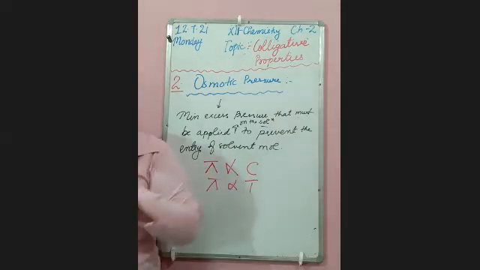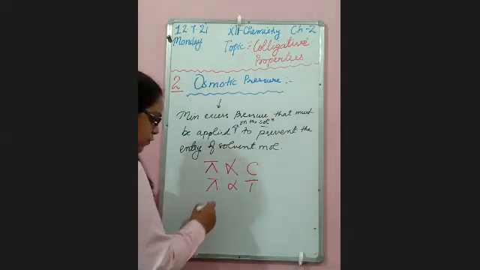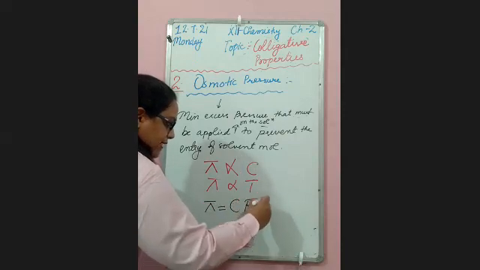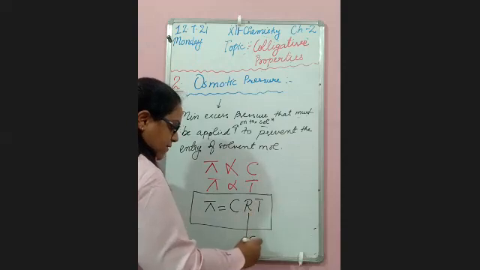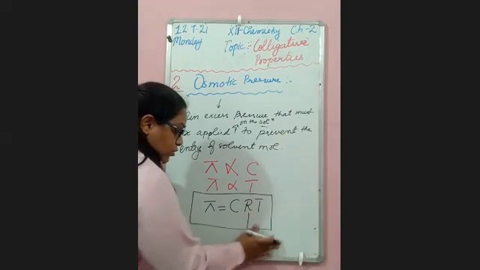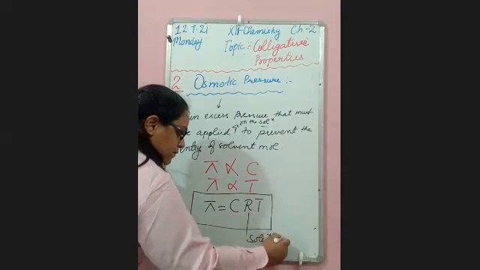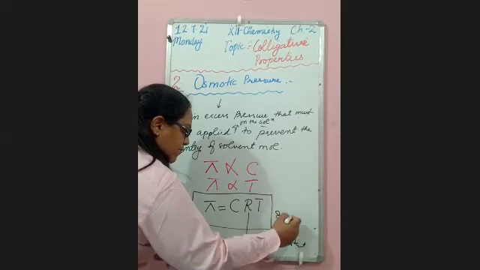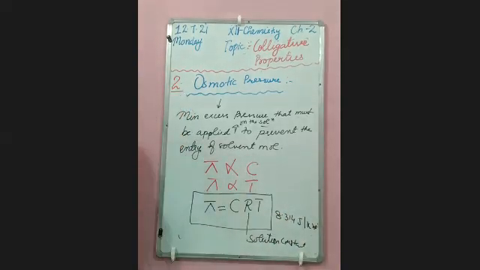When we combine this and remove the constant of proportionality, it comes out to be this, where R is your gas constant or solution constant, and its value is 8.314 in terms of joule per Kelvin mole.